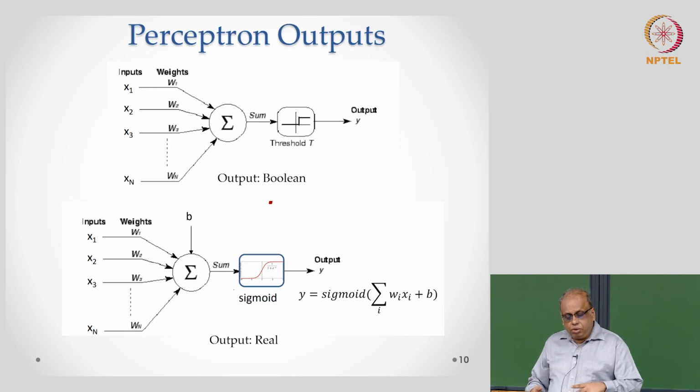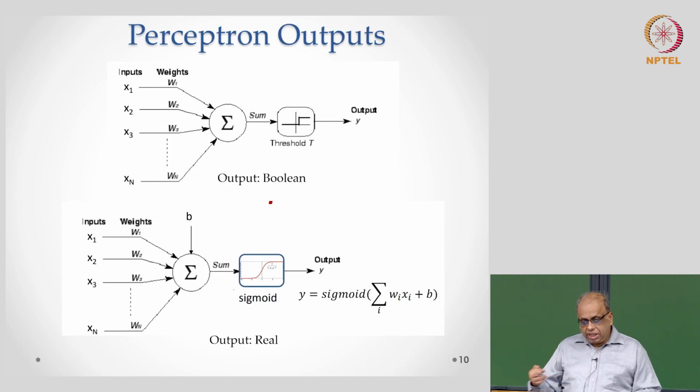So here it's two things: you are either saying that it's legitimate or it is not, it's a spam mail or not a spam mail. So its output is a Boolean. Based on the values that you get, you can have one of those functions to determine whether the output is Boolean or not. Okay, so that is one case.